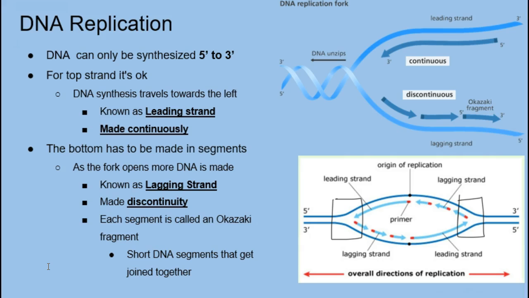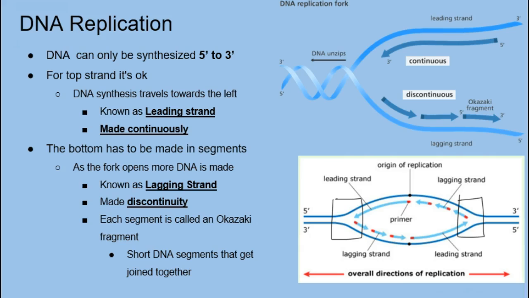So for the example to the right, for the top strand, that's fine. DNA synthesis travels towards the left. That's known as the leading strand, and it's made continuously because there's no issues there. But the bottom strand has to be made in segments because it's moving 3' to 5'.